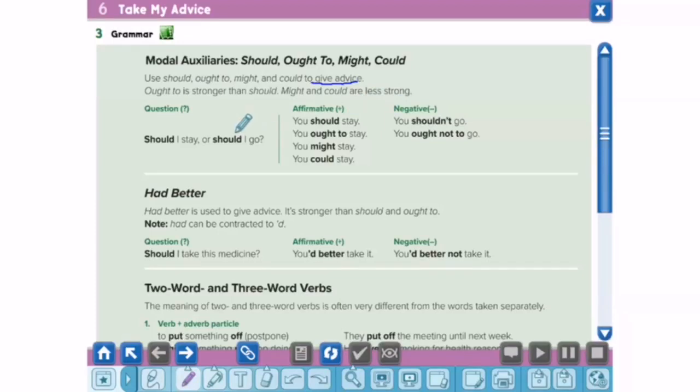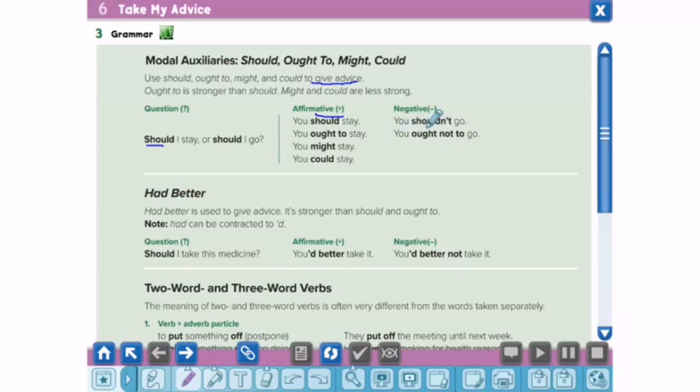When you want to use it in a question, we should start with the auxiliary, like should. Okay, should I stay or should I go? If you want to use affirmative, you say you should stay, you ought to stay, you might stay, you could stay. If you want to make it negative, we add not to the word as an abbreviation of should not, shouldn't.